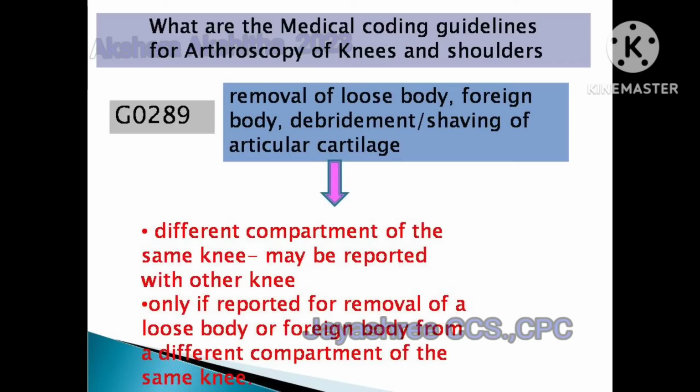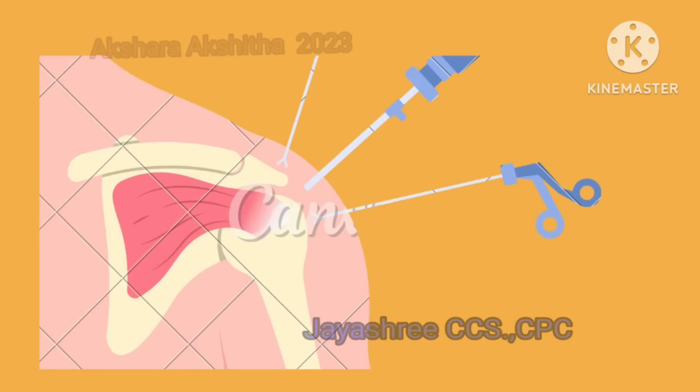Okay, next, same point for shoulder debridement. The limited debridement code is 29822, and 29823 is for extensive debridement of the shoulder.